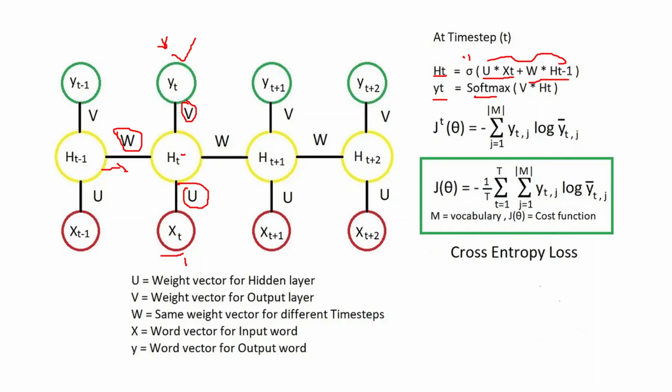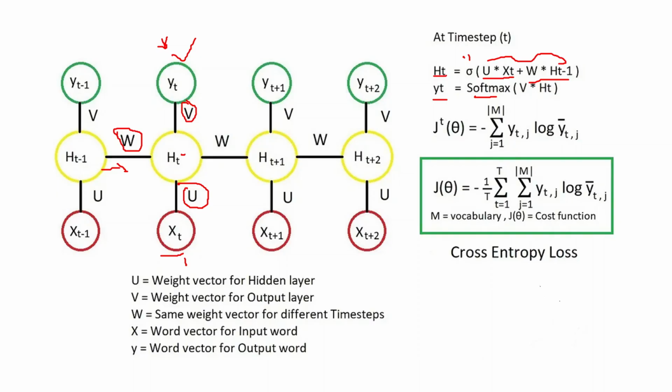During backpropagation, what I'm supposed to do is check whether the output at yt is exactly what we have in our training data. To check that, we use a cross entropy loss, that is J of theta, determined at each yt.